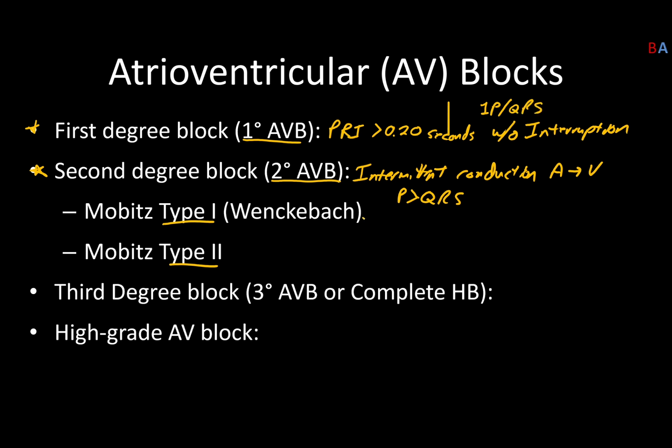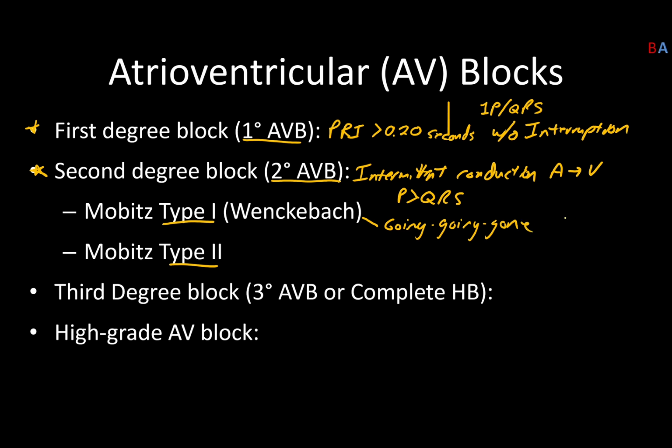And the simplest way I like to help people remember these is for Wenckebach, or type 1. Wenckebach's a fun word, and it's usually the first thing you remember. And so type 1 is Wenckebach. And it has a fun little phrase, which is going, going, gone.